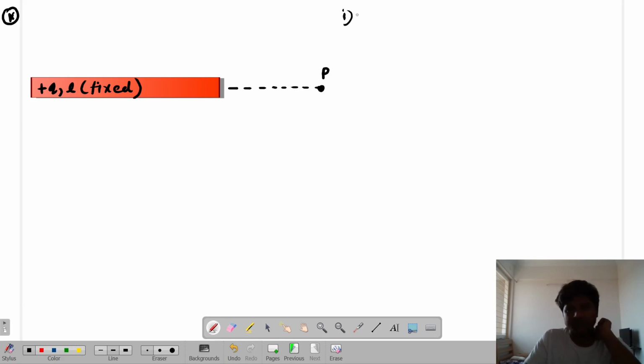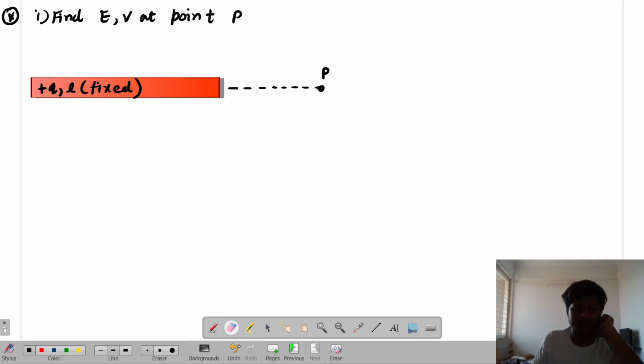Question is: find E and V at point P, which is located at, okay, let me just erase this, mark it perfectly, which is located at exactly R distance away, void or not?